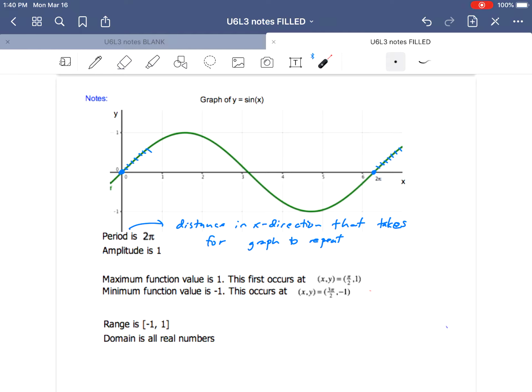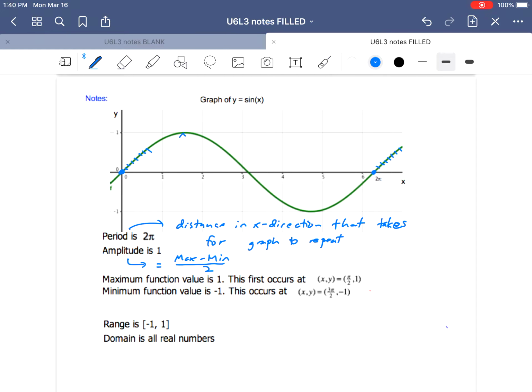One other way to think about it is you could say it's the max value of 1 minus the min value, which is -1, divided by 2. So that's what I'm going to write. But if you think of it using the center line idea, that's fine too. So I'm going to say this is equal to the max minus the min over 2.